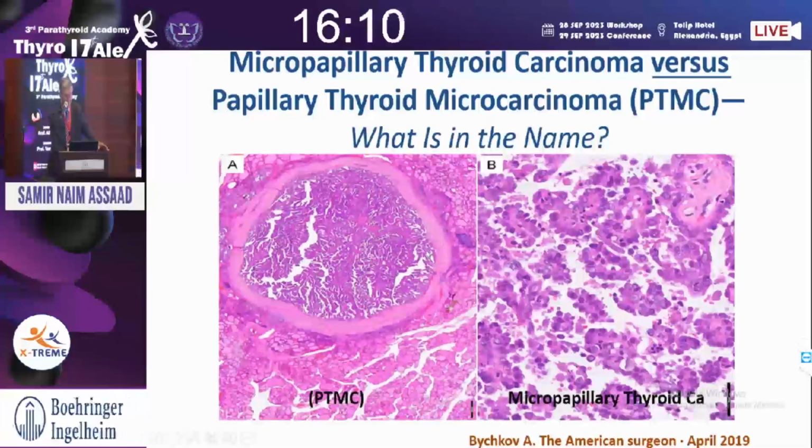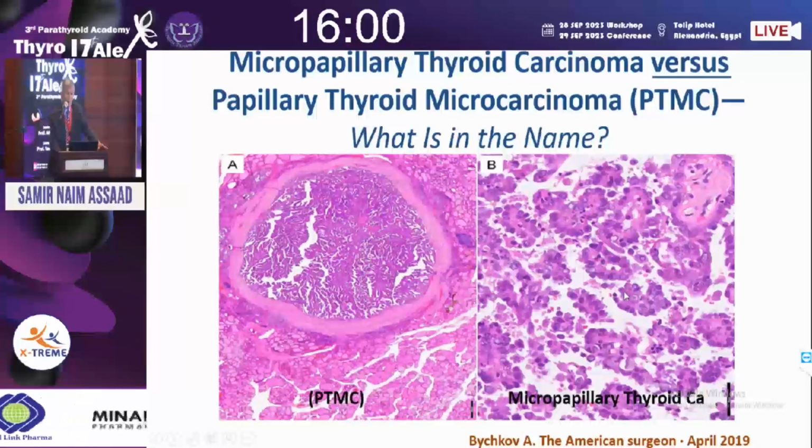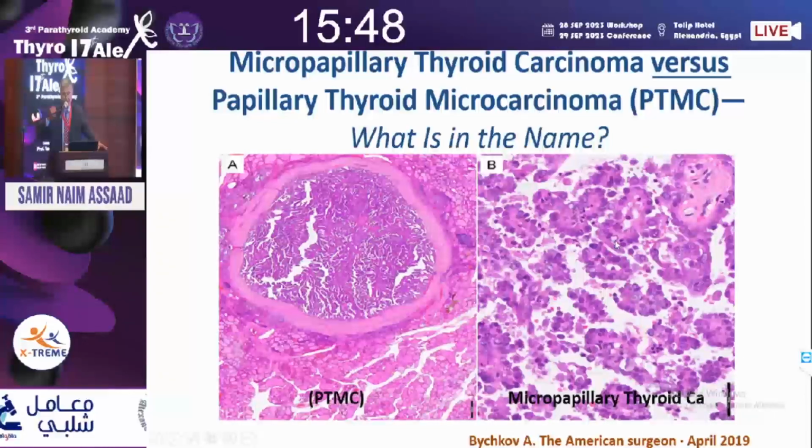This on the left side is a focus of papillary carcinoma less than 1 centimeter. And this is another patient with micropapillary thyroid carcinoma, and the papillae are smaller. They don't have a core, and the nuclei have what we call the hobnail appearance, like the nail of a horseshoe.